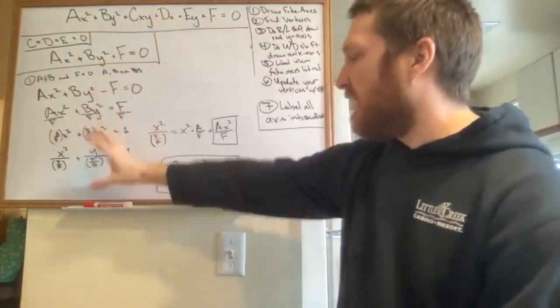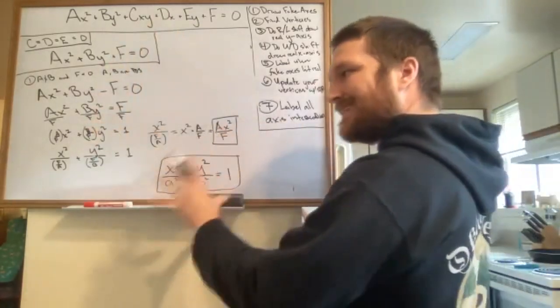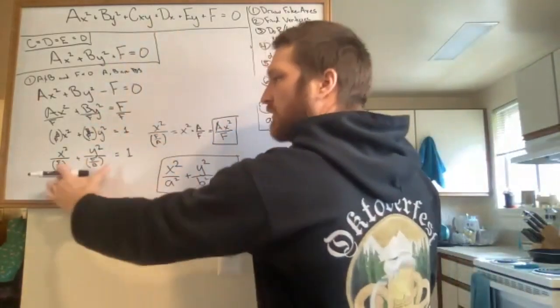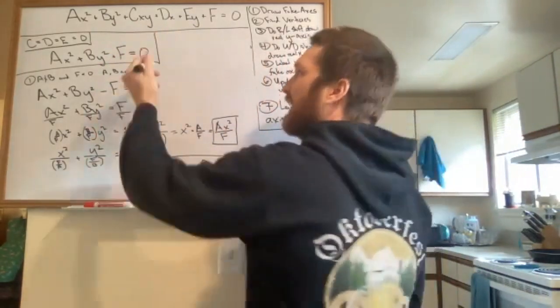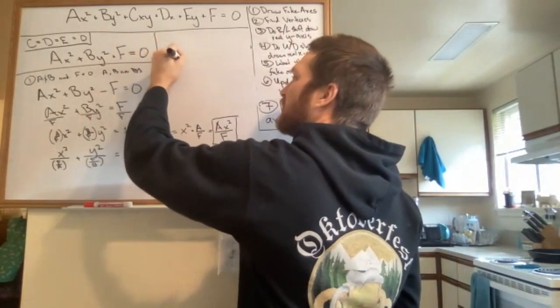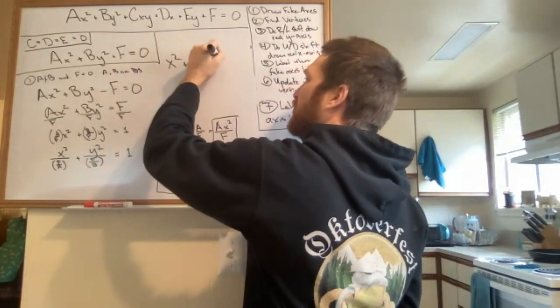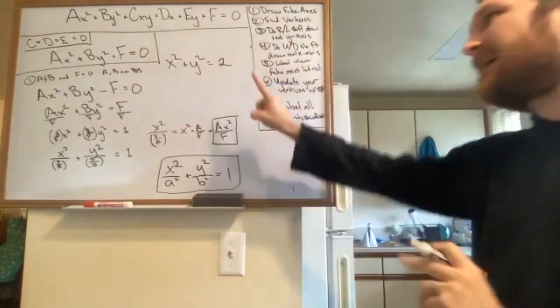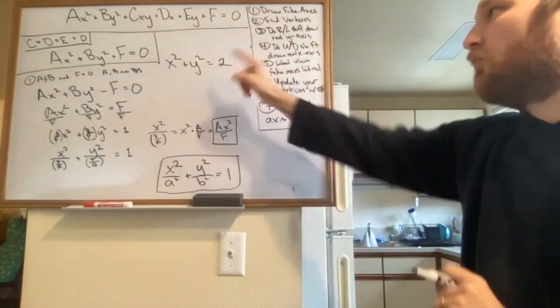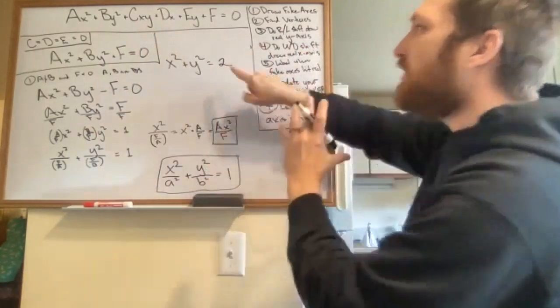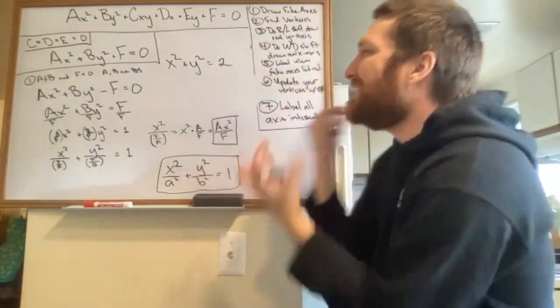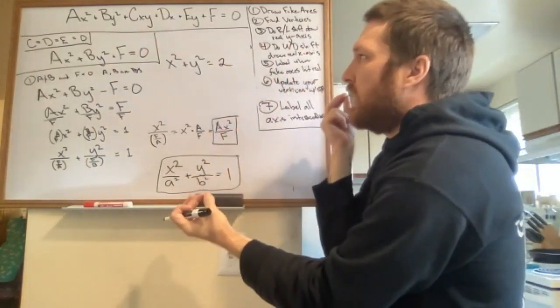We're almost there. Now we have two numbers in the denominator. What we're doing is like earlier when we had x squared plus y squared equals 2. If I could take this and write it as something squared, then I know that whatever number that is, is the radius, right?